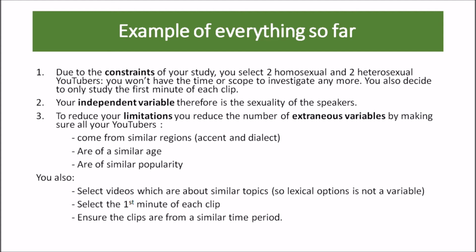And also, if it's too far apart, then you might start having to bring in cultural perceptions of sexuality and how that's changed. So try and make sure that it's at least the same year, and definitely that nothing has happened in between the 2 videos or the 4 videos that might be another extraneous variable.